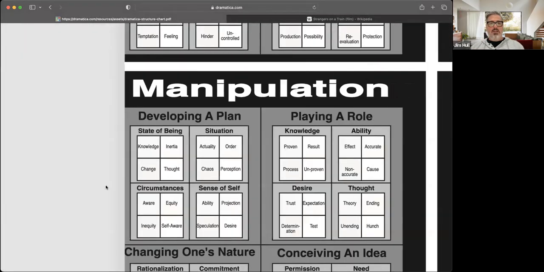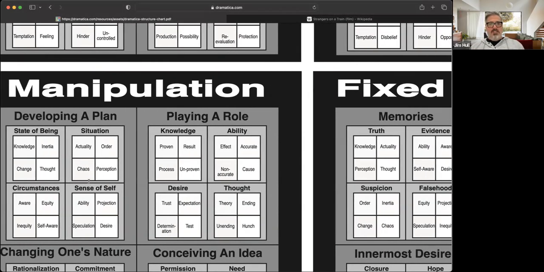So we have these 16 here under developing a plan. We have knowledge, thought, inertia, change, actuality, perception, order, chaos, ability, desire, projection, speculation, aware, self-aware, equity, and inequity. One of these is going to be both the problem of the objective story and also Guy's problem.